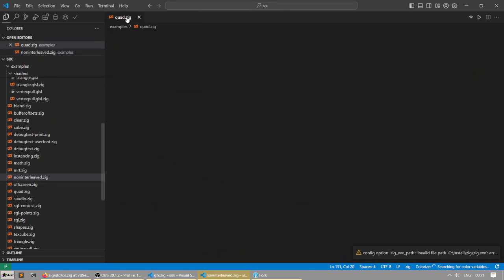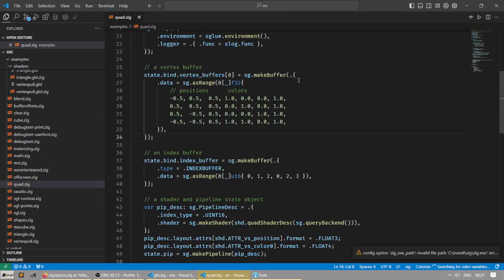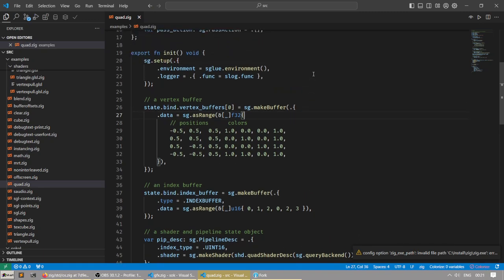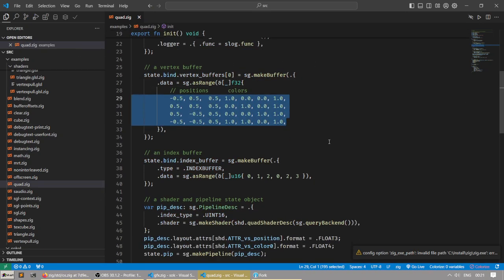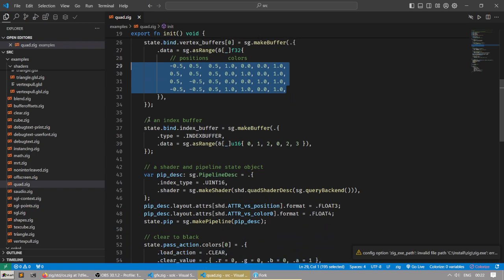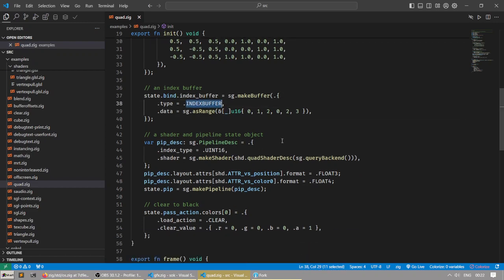Basically there's this quad example, and in this quad example you are actually reusing the vertices. So the quad has 4 vertices and it has an index buffer, and there it is. It creates a buffer and it assigns the type to be index buffer.